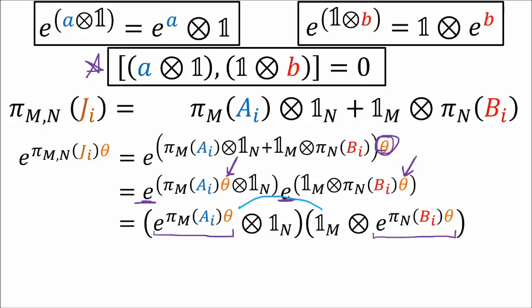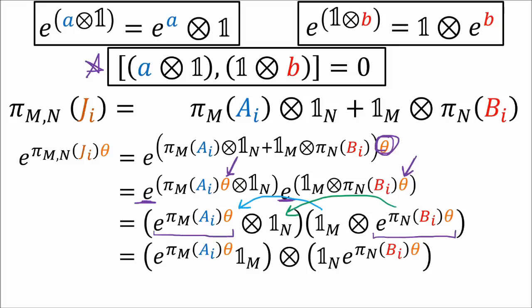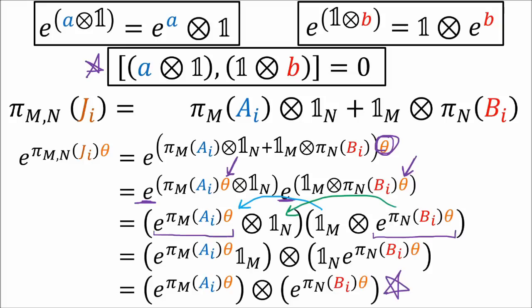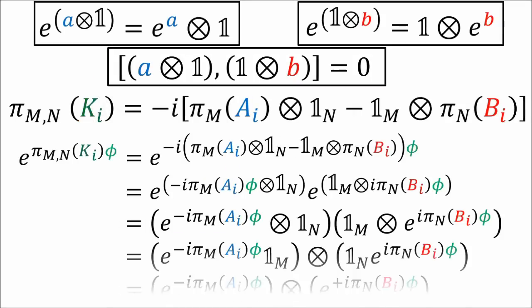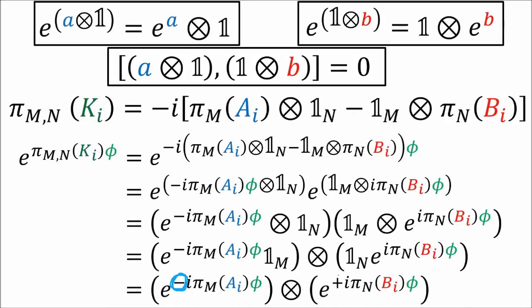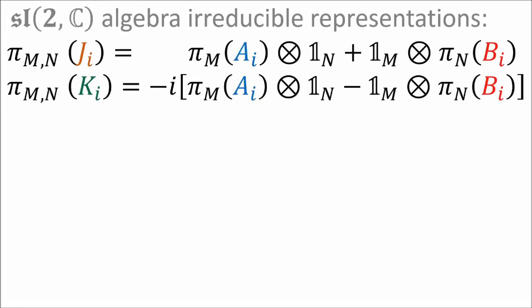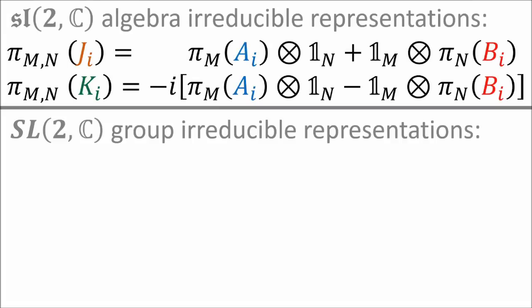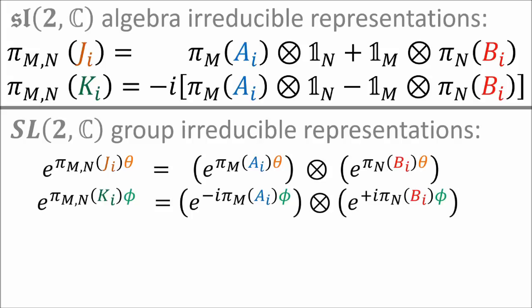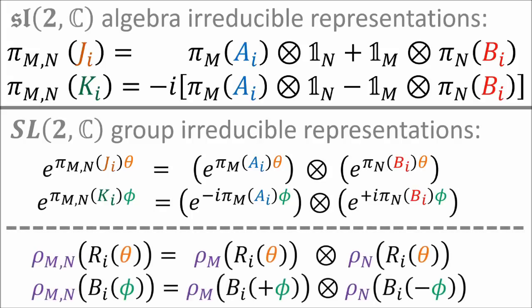Then apply first to first and second to second, and we get this tensor product as the final result. We get a similar formula for boosts, except the signs in the exponentials are reversed. So given these SL2C algebra irrep formulas, we get these SL2C group irrep formulas. This shows the SL2C group irrep matrices can be factored into a tensor product of complexified SU2 matrices.